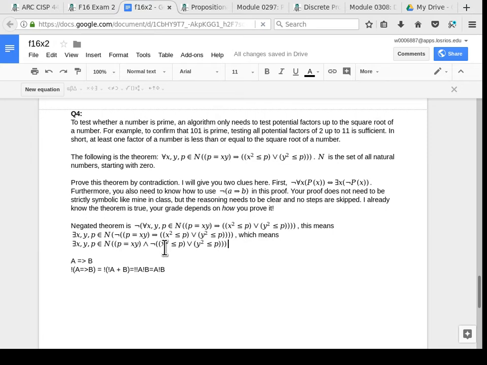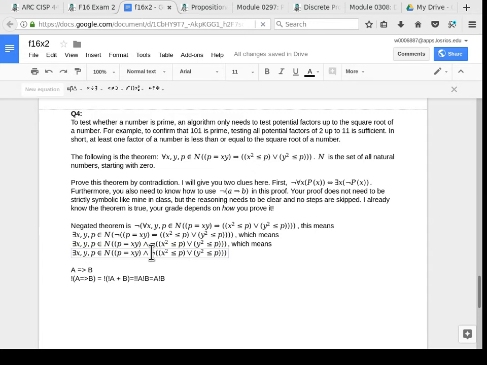Then we apply De Morgan's law here again, so that we end up here. Just copy and paste again. We take out this negation, and apply the negation to each individual component inside.